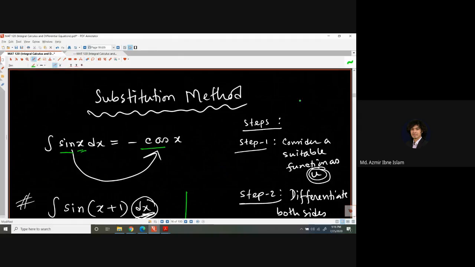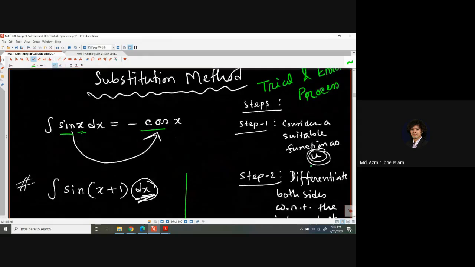Okay, so we will follow all these steps, but remember, substitution method is one kind of trial and error process. Why am I saying it is a trial and error process? Because whatever function we have considered, that should be suitable.